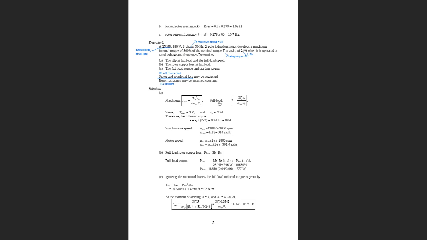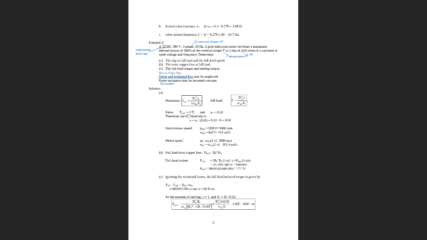Now the full load torque, as I just said, can be simplified as 3 times the per phase voltage squared, times the slip, over the synchronous speed and R2. The question gives that the maximum torque equals 3 times the full load torque, and the breakdown slip is 0.24.